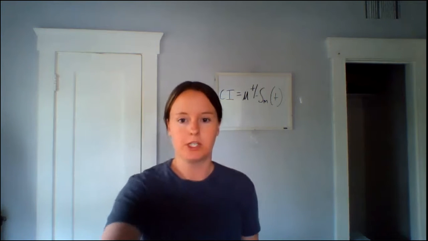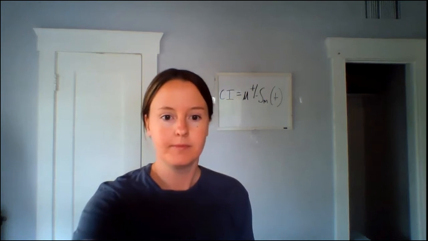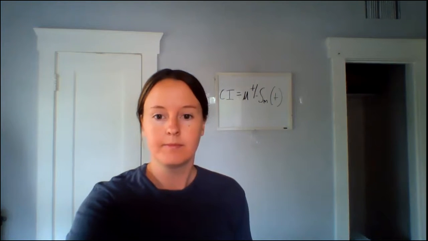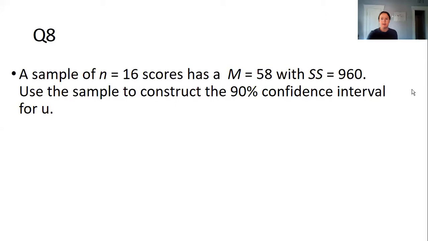Let me go ahead and pull the question up. Okay, so here we are. This is the question from the practice problems last week. We can compute confidence intervals for any of our t-tests. And a confidence interval basically tells us with a certain degree of confidence where the true population mean might lie.